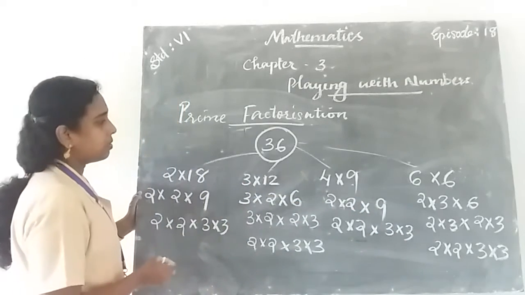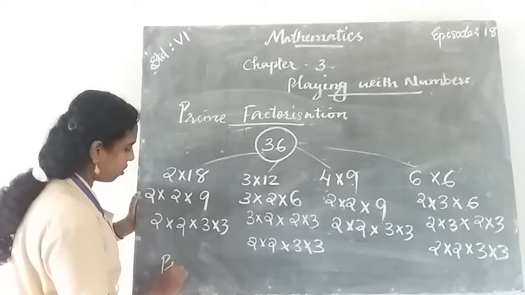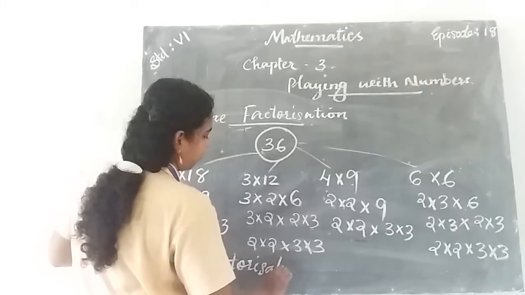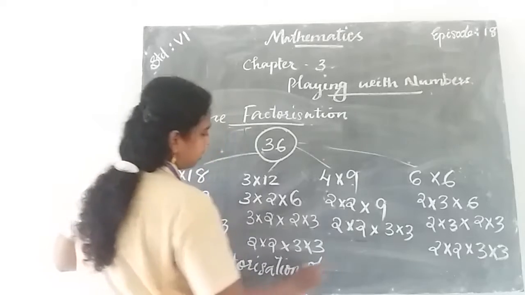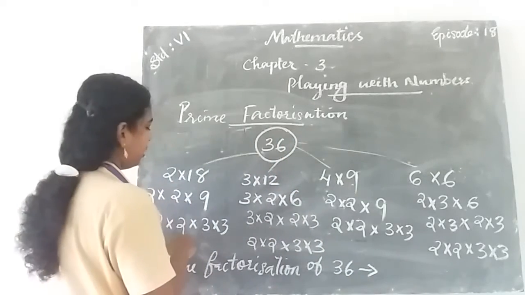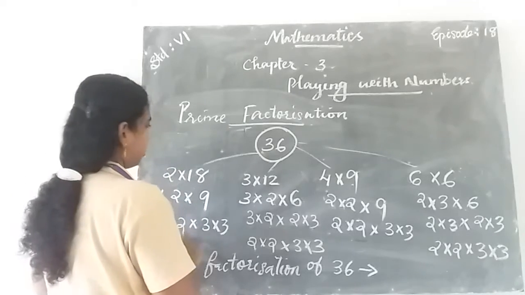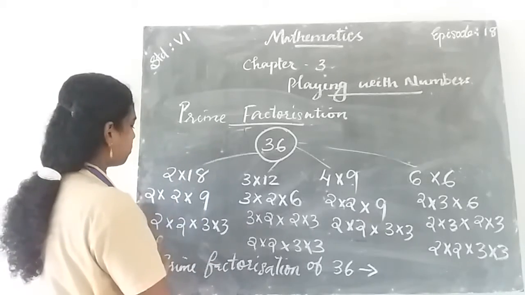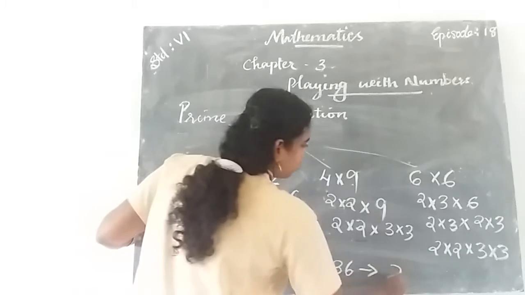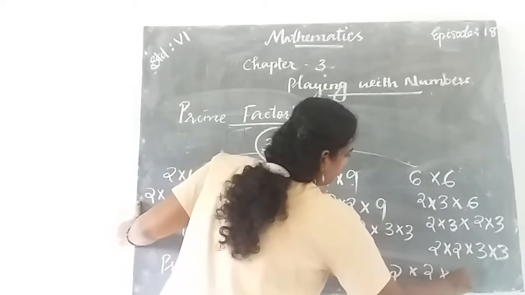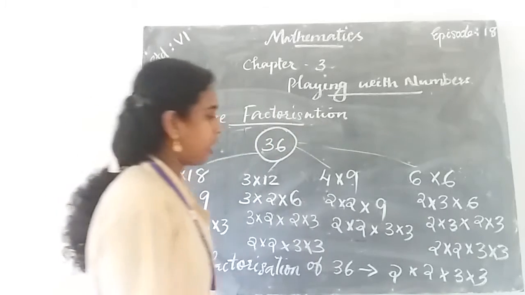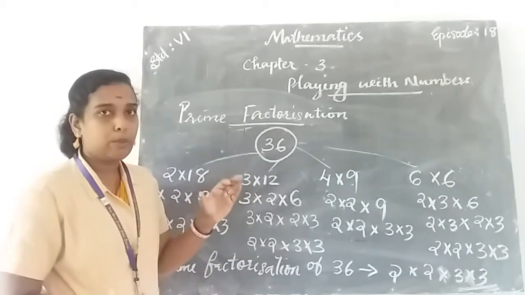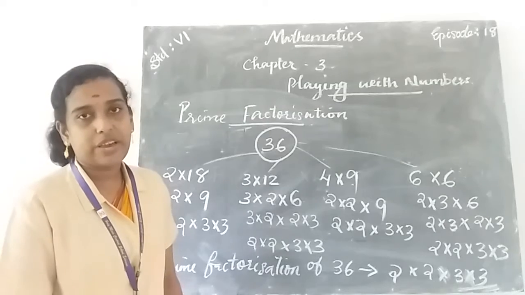And we can write the prime factorization of 36 as this. When, at the end of the factorization, we get only prime numbers, then we can say that the number is prime factorized.